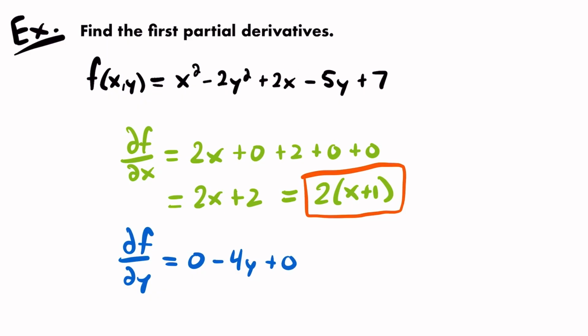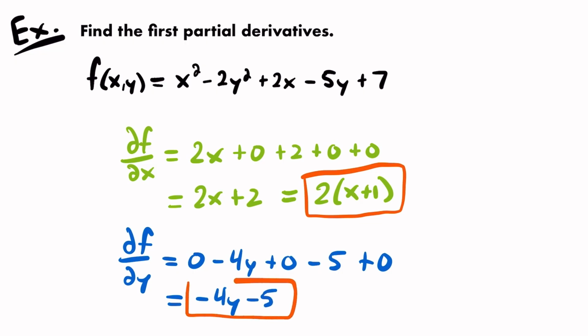So we have plus 0, and then the next term is negative 5y, and the derivative of y to the first power will just be equal to its coefficient. So the derivative there is minus 5, and then the derivative of 7 would be 0 because 7 is a constant. So we have another plus 0 right there, but then simplifying, altogether, df dy, or the partial with respect to y, will be negative 4y minus 5. That is the partial derivative with respect to y for this function.